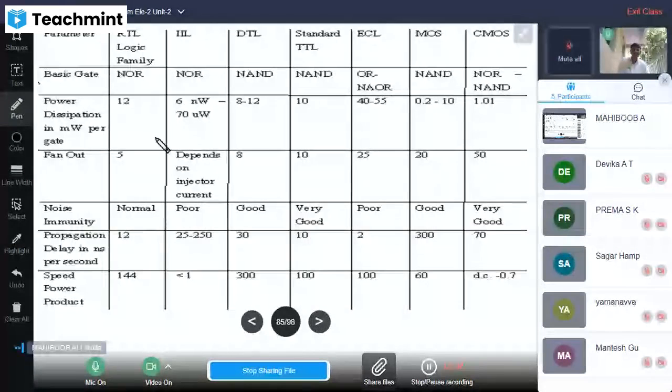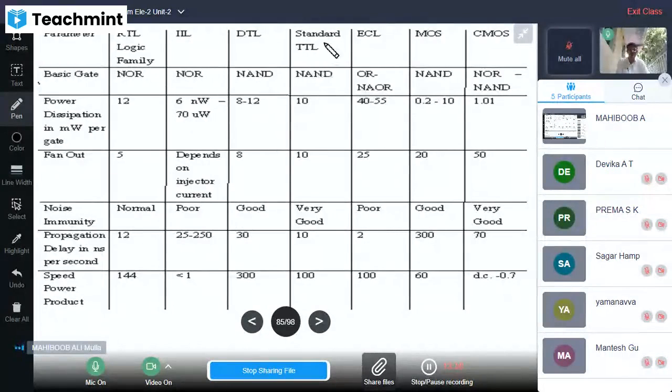So these are different specifications with respect to different logic families, the characteristics of different logic families. One parameter is the basic gate used in the fabrication. RTL, NOR gate is used. IIL, input injected logic, NOR gate is used.